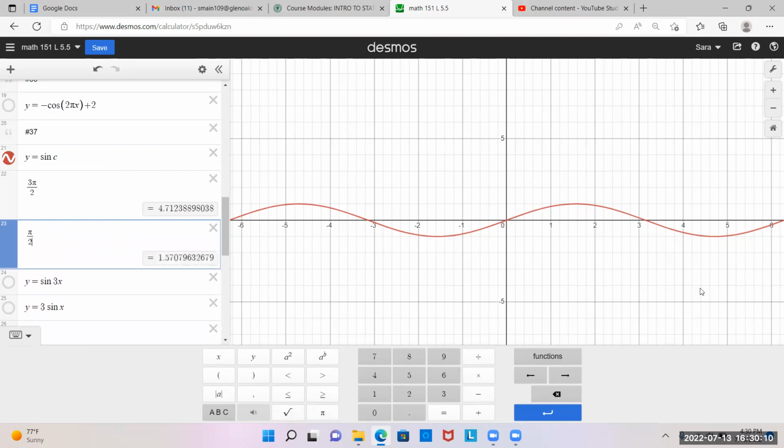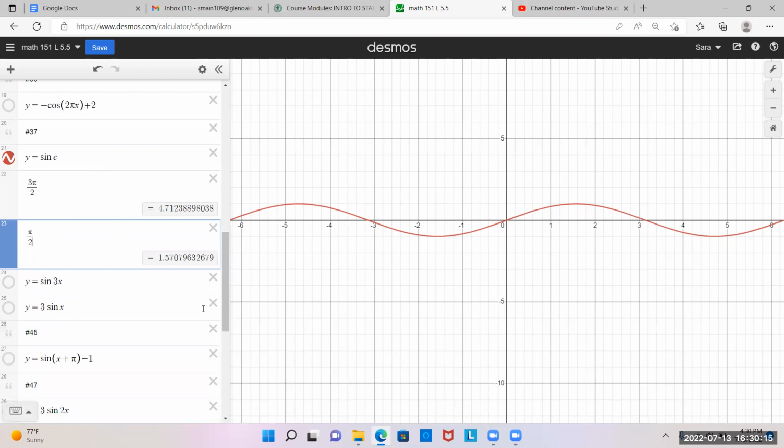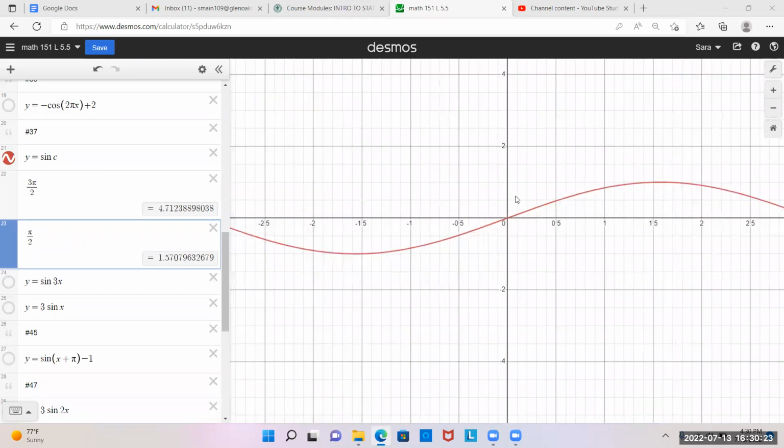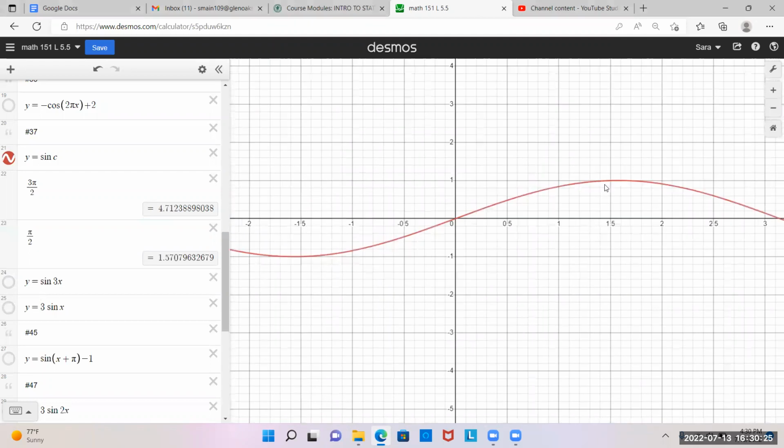So pi over 2 is 1.57. At about 1.57, sine should be at 1. And you can see at about 1.57, it's at 1. Okay, so this is your natural sine curve.